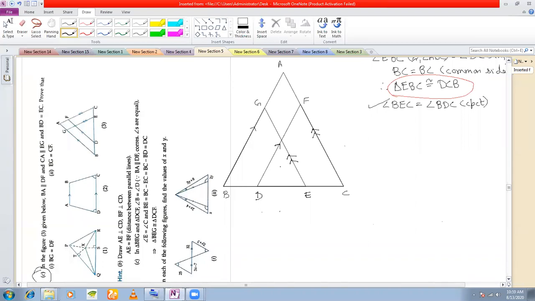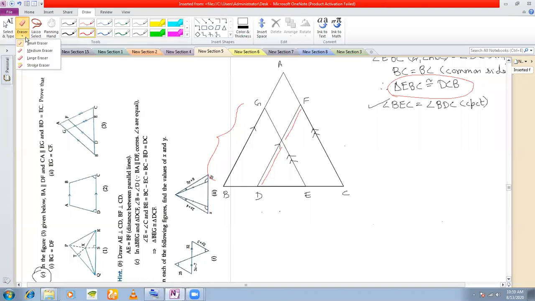You need to prove, okay, nothing else is given, only these two are parallel given. You need to prove that BG is equal to DF. So you need to prove that BG, that means this BG is equal to DF. That means this side, the DF, this side. Fine.